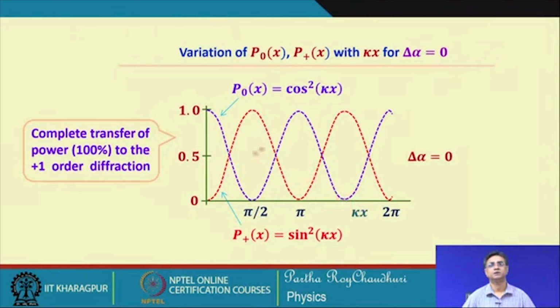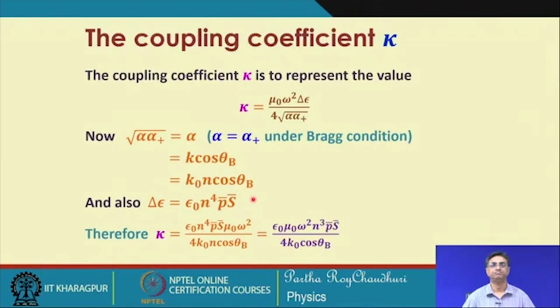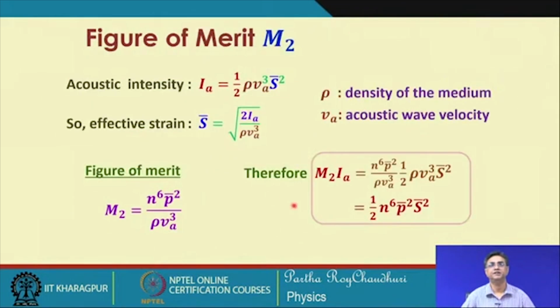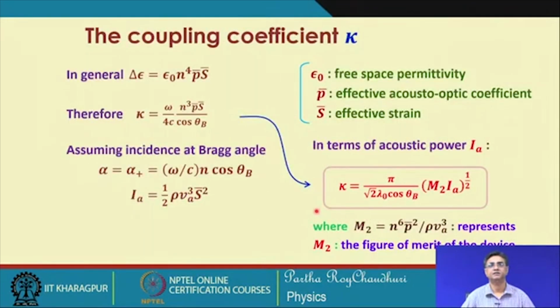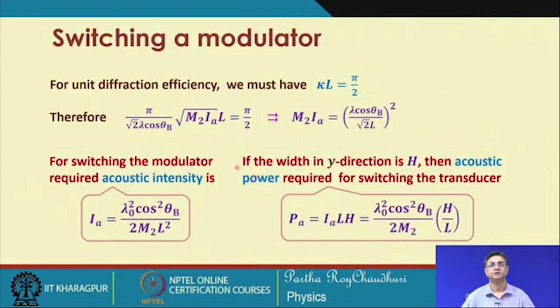So, these are the positions where the diffraction will be maximum to the plus order and there is no intensity available in the 0th order. Therefore, using that condition for the diffraction efficiency, we can obtain the condition for unit diffraction efficiency.